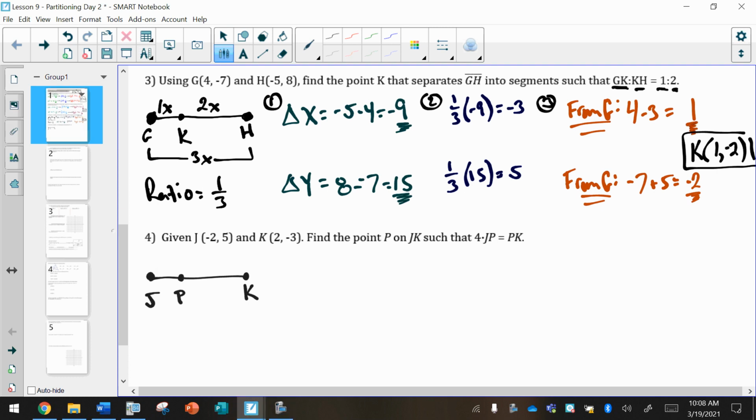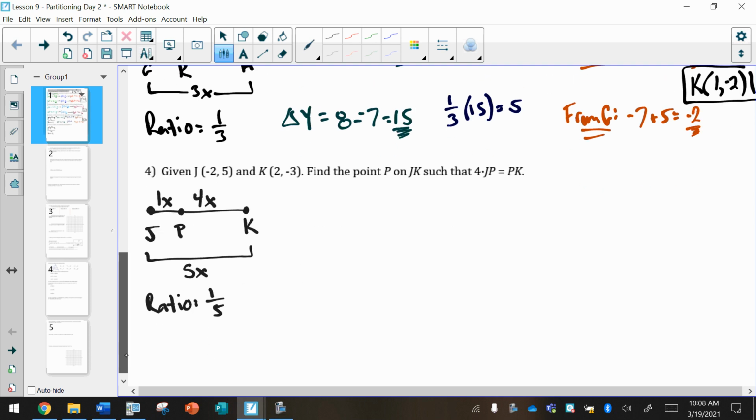Whatever JP is, 4 times that would be PK. So from J to K would be a total of 5 parts, meaning your ratio to find point P from point J would be 1/5.